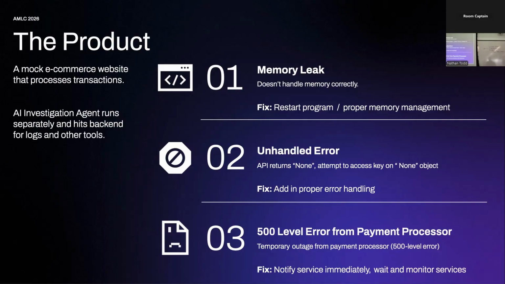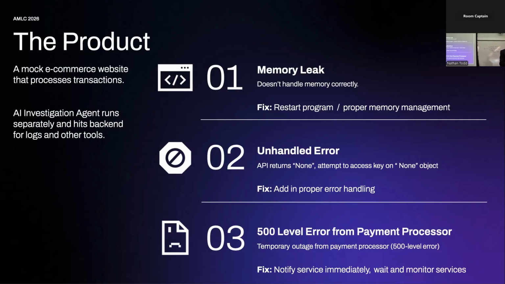If you're not handling your memory correctly, it's going to start to build up the cache. You're going to see some latency. It's not going to run super fast. And so the way to fix this is to either clear out your cache, restart your program, and then maybe look into your code and find where you could be managing your memory a little bit better. Error number two is unhandled errors.